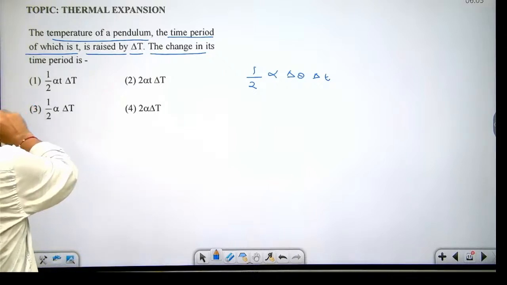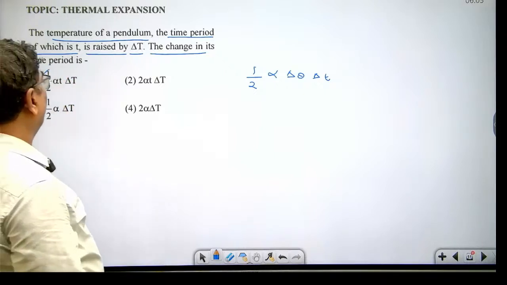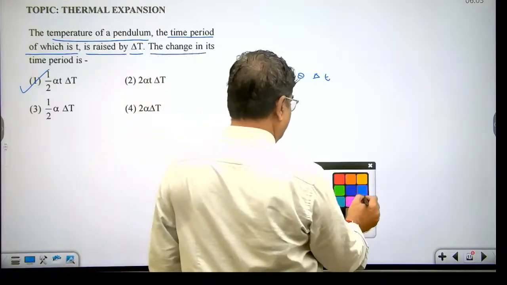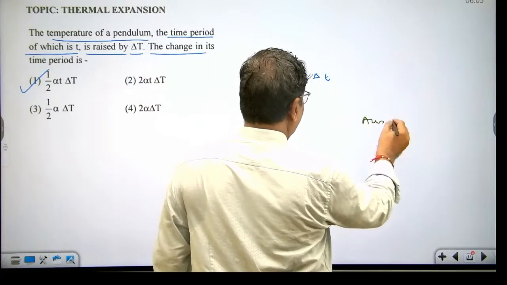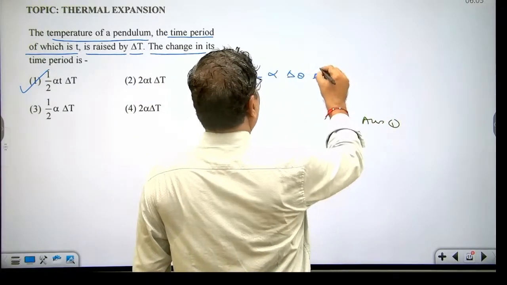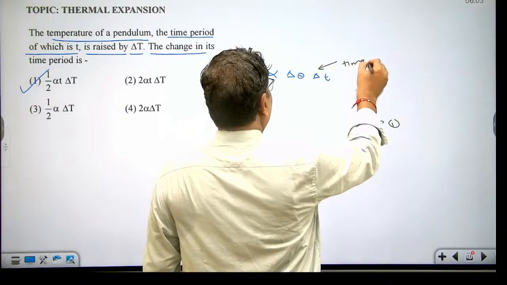So this is the answer. Out of 4 choices, the correct choice is option 1. Here, delta t is the time interval.